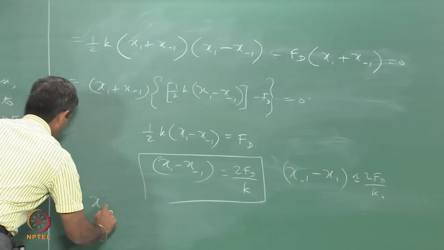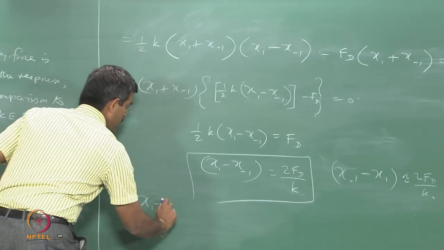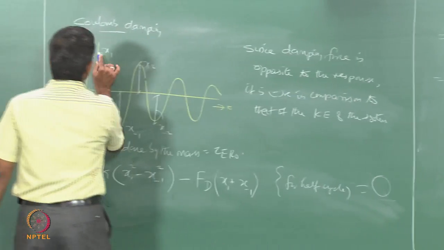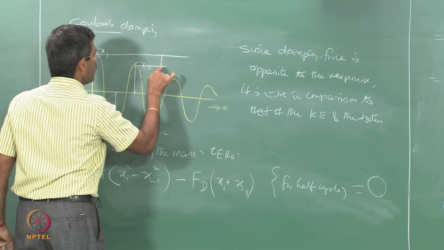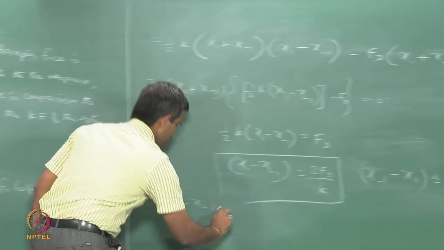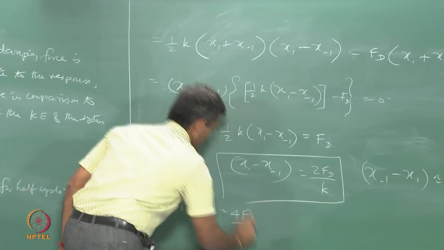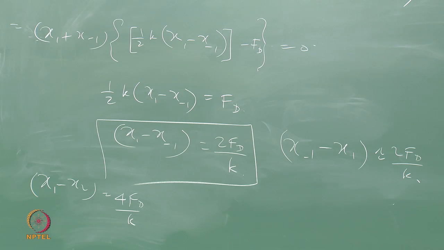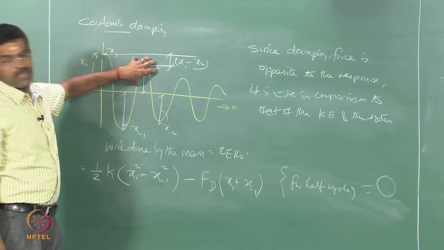Therefore, x1 minus x2 will be 4 f d by k. 2 f d by k here and a further 2 f d by k here.